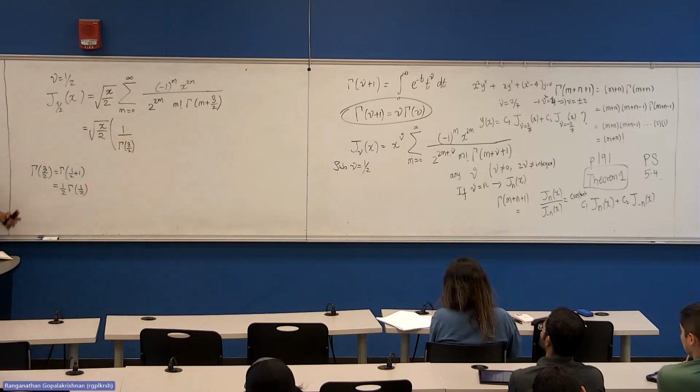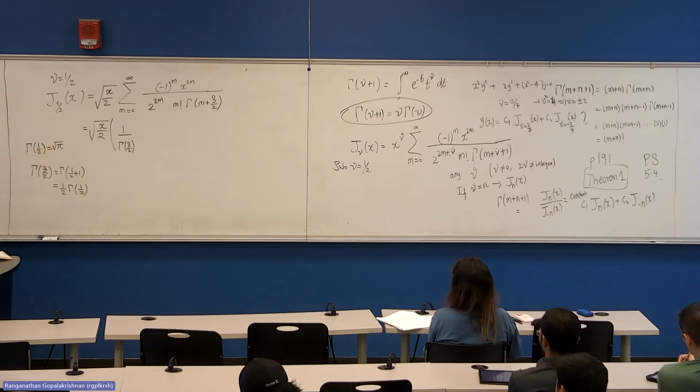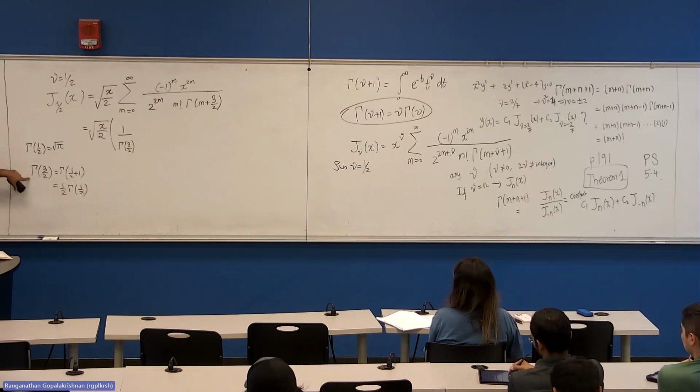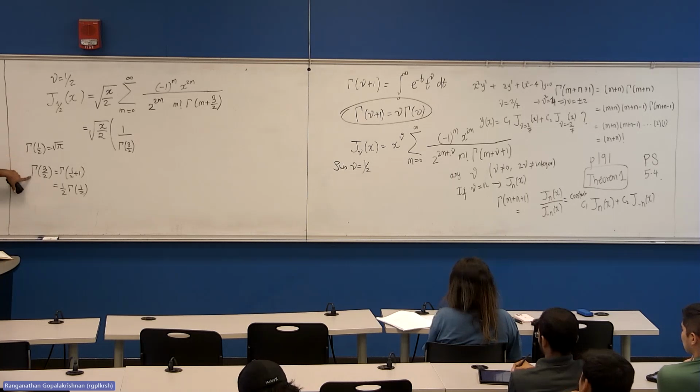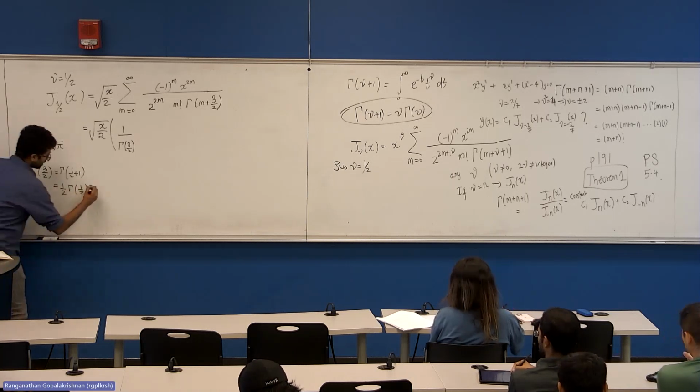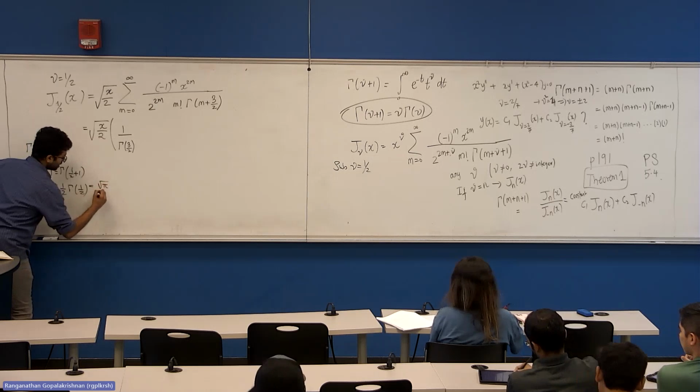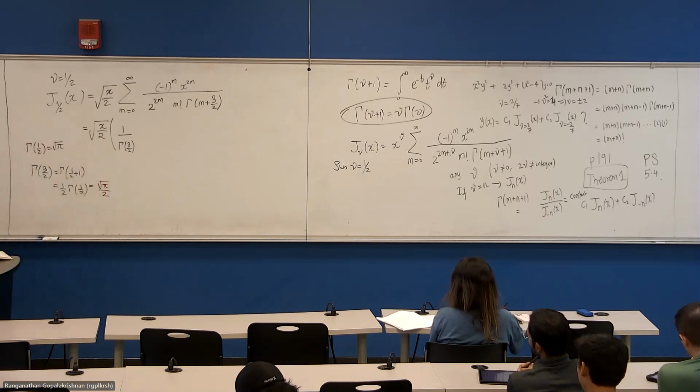I might even provide this on the exam. Gamma of half is equal to square root of pi. You just need to know this fact and this identity. I'll give you this, but I won't give you this. Okay, so this is nothing but square root of pi over 2.